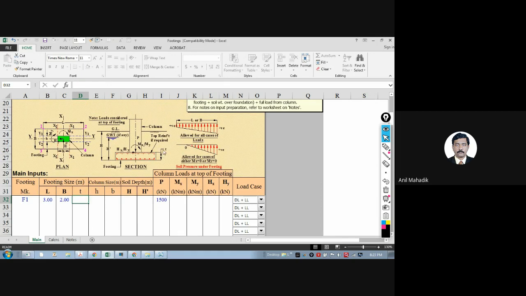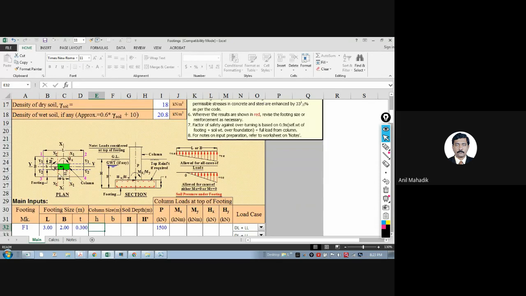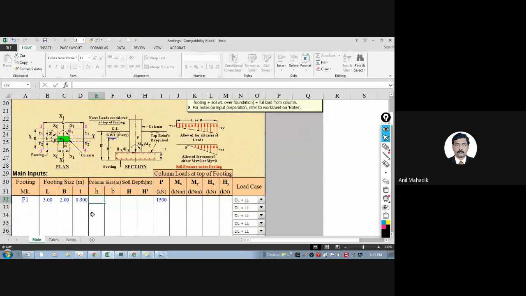Now T, small t, is nothing but the depth of the footing. So this also you can assume. Assume anything, let's say 1 meter. Actually, always start with less. Don't assume higher. Let's take 0.3. It is the depth or thickness of the footing. H is the column size, so this is your H. So what is our column size? 0.6.